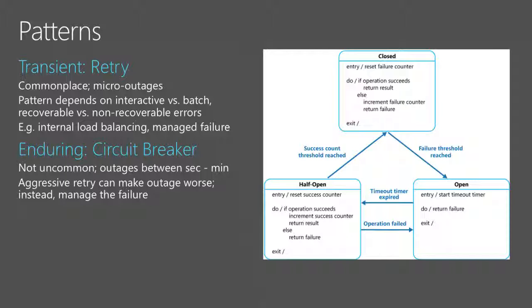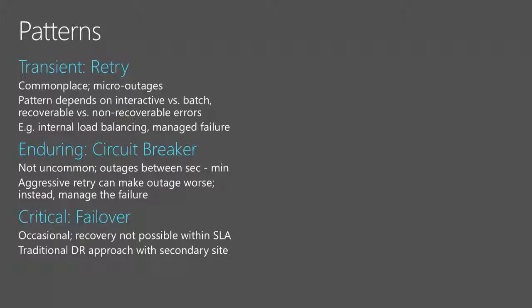Circuit breaker pattern is the next step up. So figuring out how you can back off elegantly when a serious failure happens and then reestablish that connection in time. And then obviously data centers do fail over or collapse entirely, so make sure that you can handle those critical failures too.